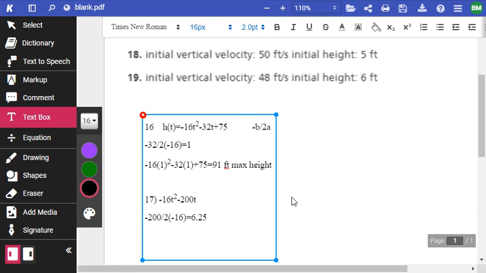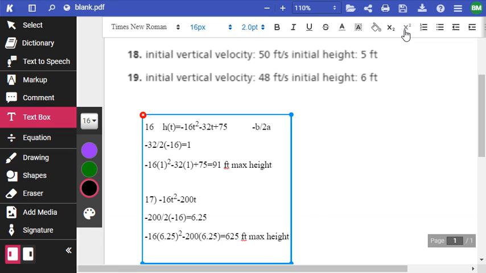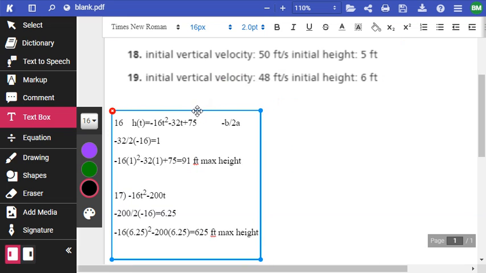Then I'm going to plug that into my equation where I go negative 16 times 6.25 squared minus 200 times 6.25. And that's going to give me my max height, which is 625 feet. Remember again, that is also the y value of my vertex.